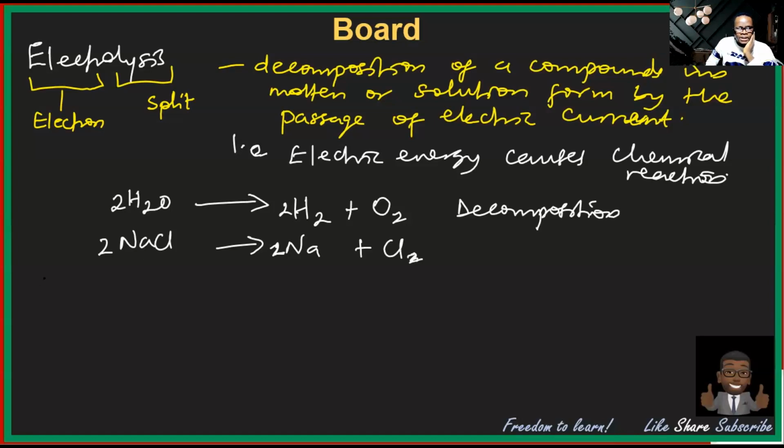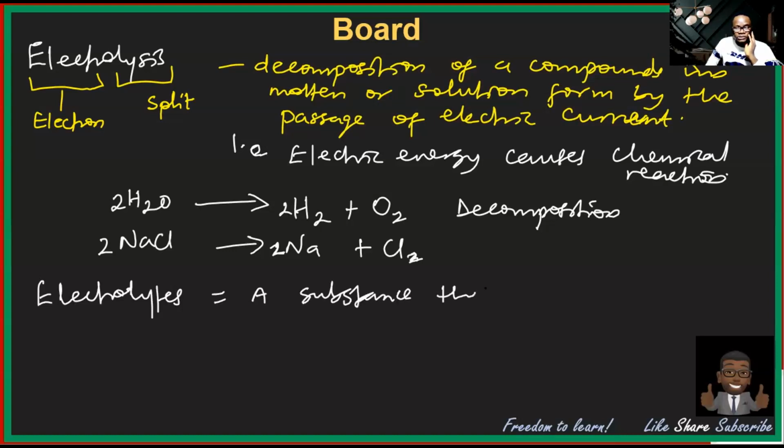So that is the meaning of electrolysis. Now, what kind of substance can be electrolyzed? We call them electrolytes. An electrolyte is a substance that conducts electricity, either in molten or in solution form.